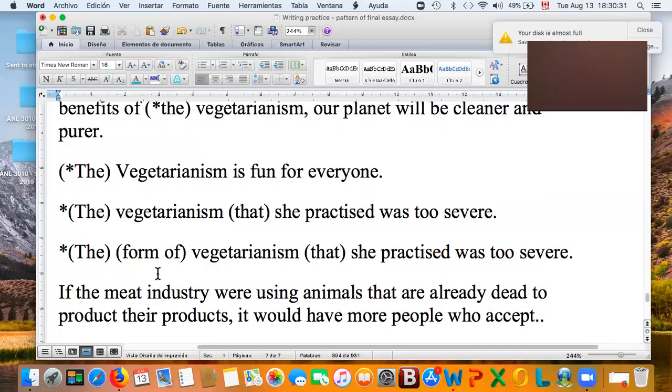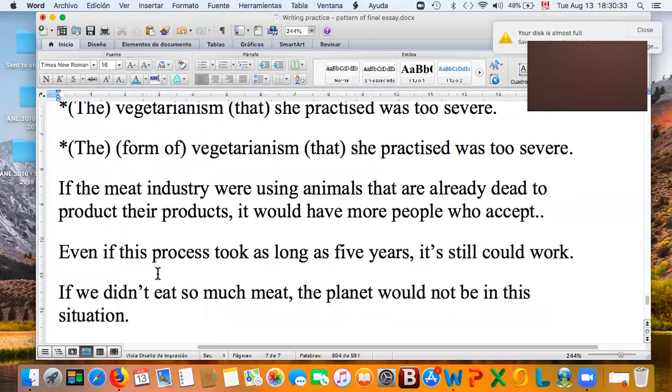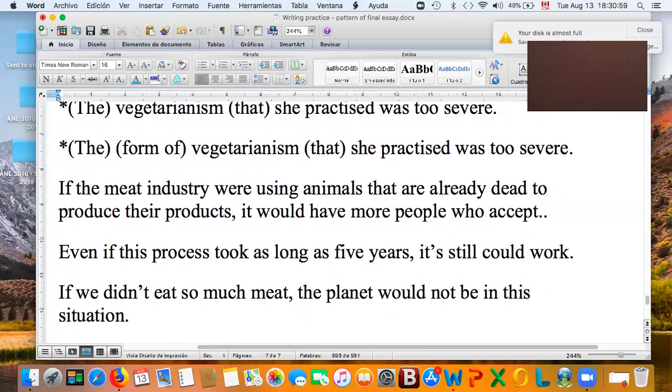Now, okay, so that's a real conditional. What's this one? If the meat industry were using animals that are already dead to product their products, it would have more people who accept. I'm not 100% certain what this is, but let's say produce instead of product their product.